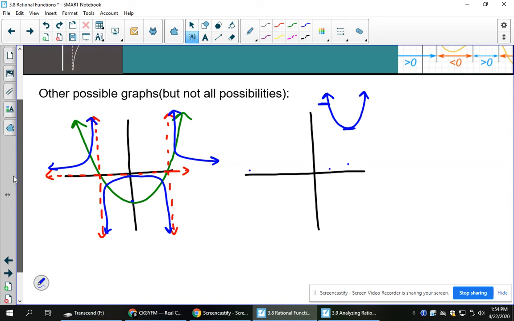This whole graph would get really close to the asymptote, kind of bump up a little bit in the middle, and then keep going. This is one of the most bizarre looking rational graphs that we have, but this too is a rational graph. There's no vertical asymptotes because it never crosses the x-axis, but there is a horizontal asymptote on the x-axis here.